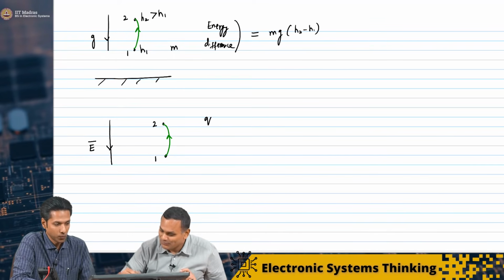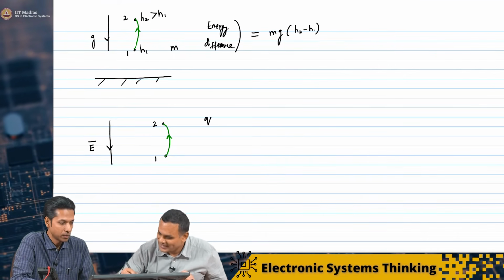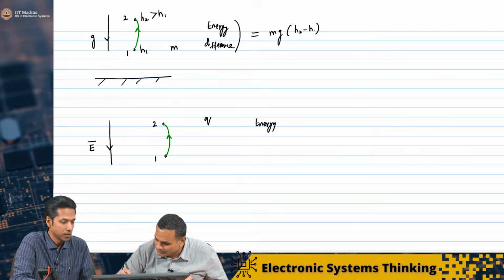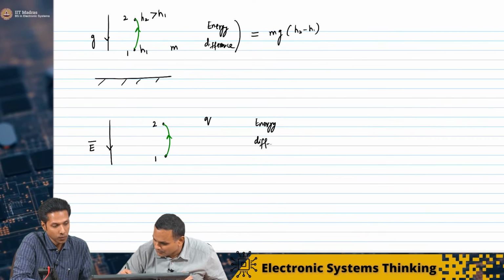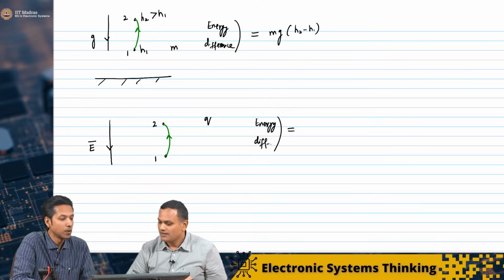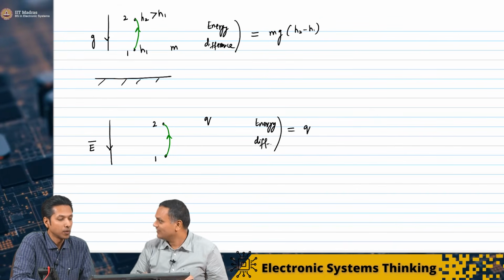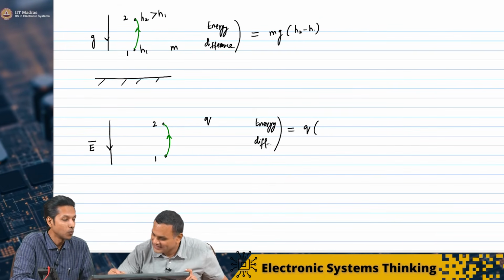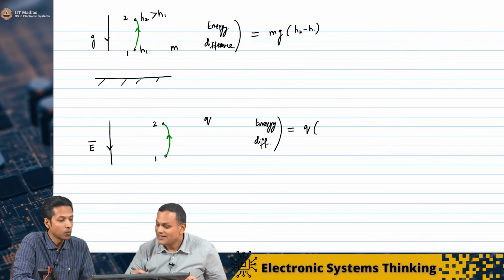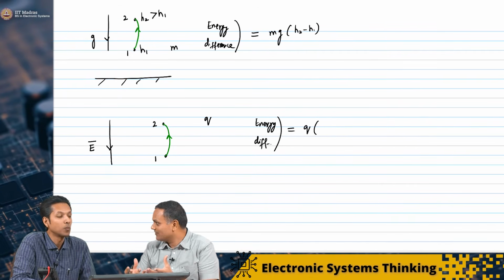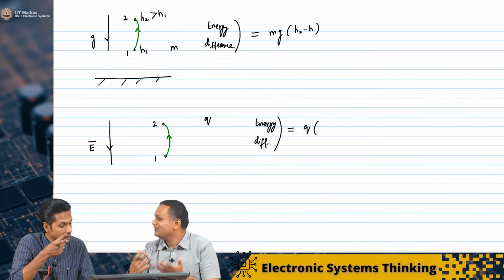And what is that energy difference? The energy difference in this case happens to be the charge times the potential difference between those 2 points.